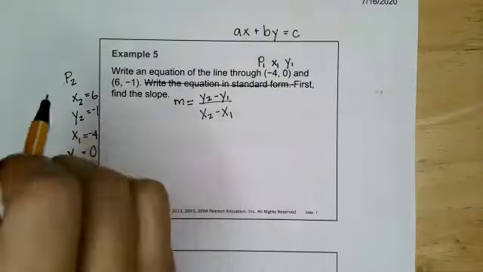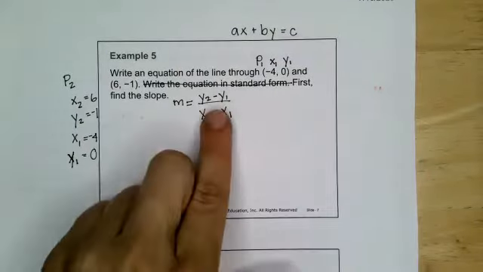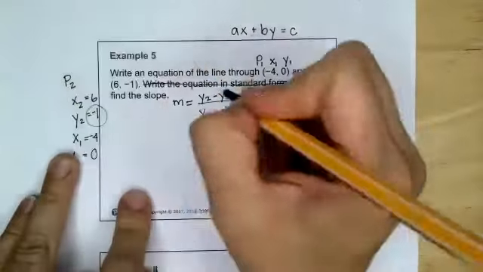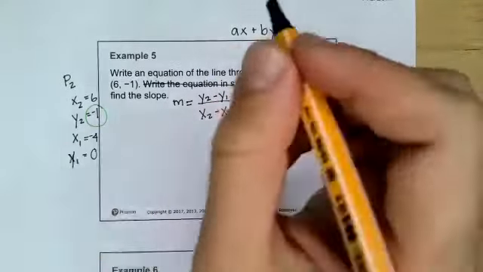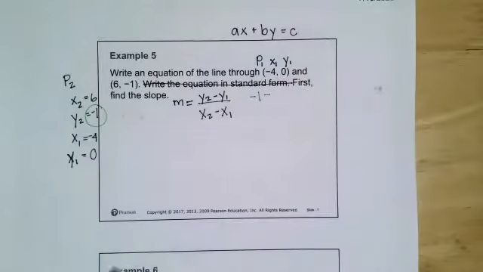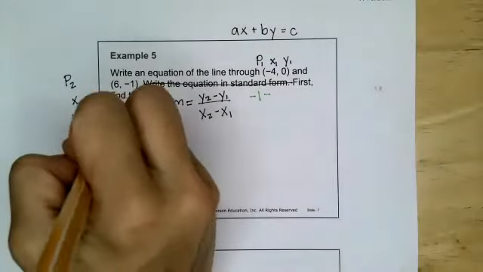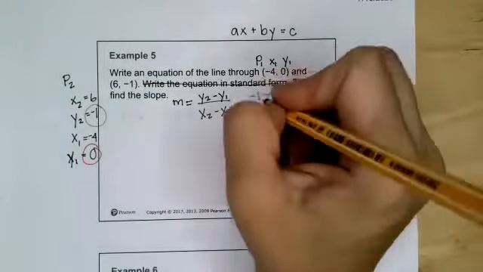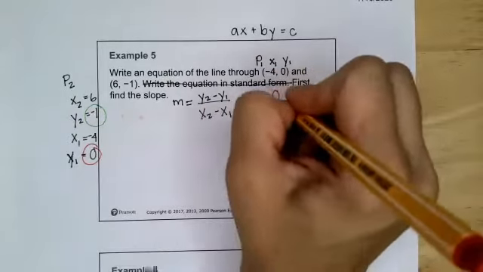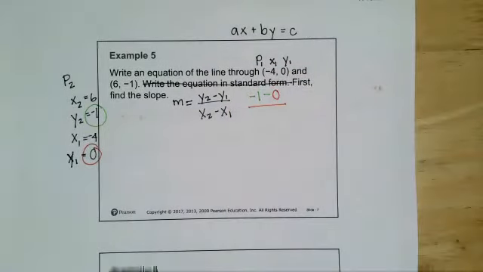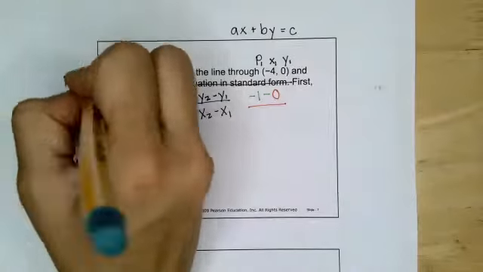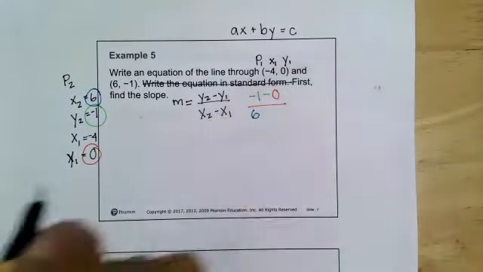Now I just take those numbers and I put them in over here. So y2 was negative 1 minus y1. Y1 is all the way down here, 0. Negative 1 minus 0. X2 was 6. Was and still is 6. Good.